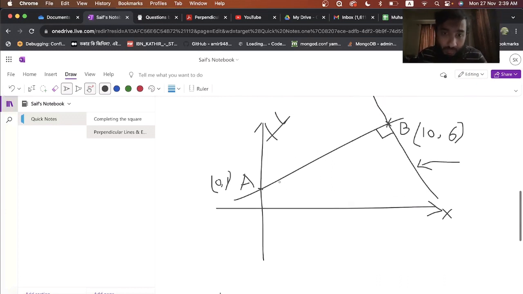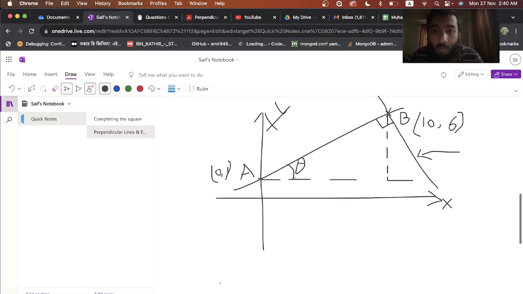As you can see, this line AB has a different slope. For example, it has this angle which is theta. Let's say I draw an imaginary perpendicular here.